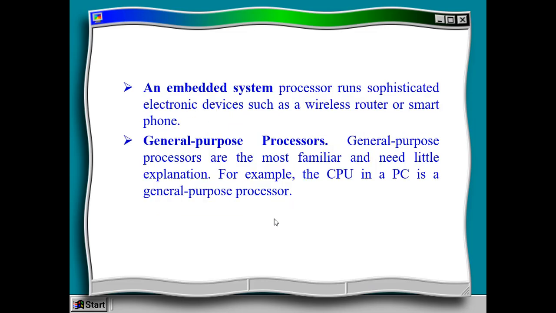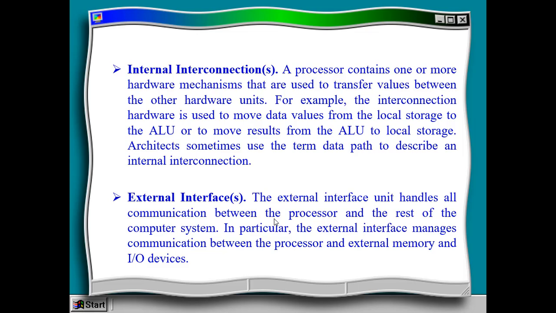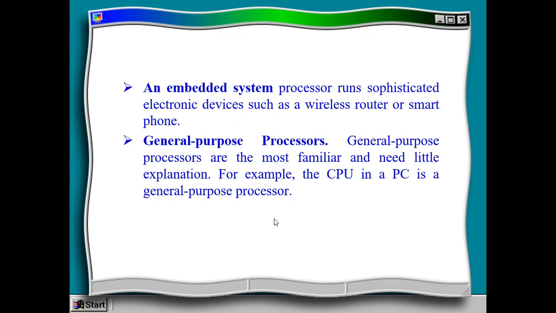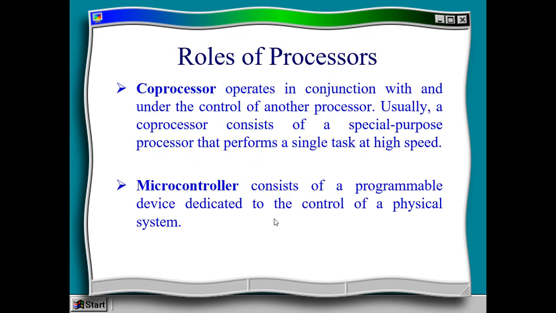So we go straight on to the next presentation, which is the role of processors. I think we mentioned this one a bit early, but it's good to discuss the role of processors.